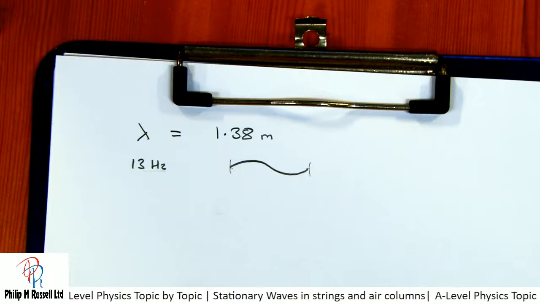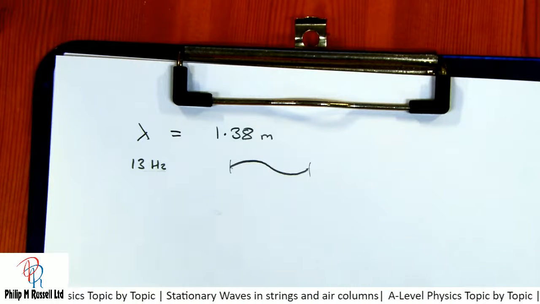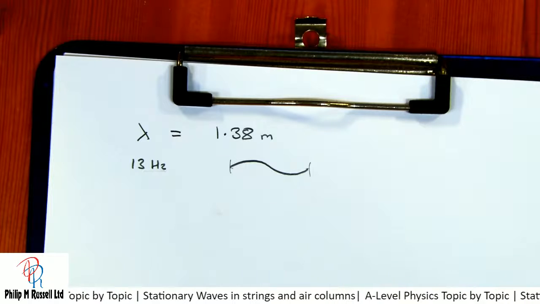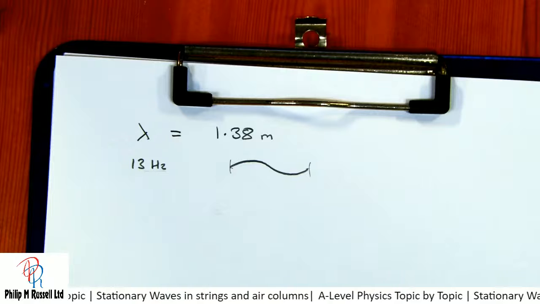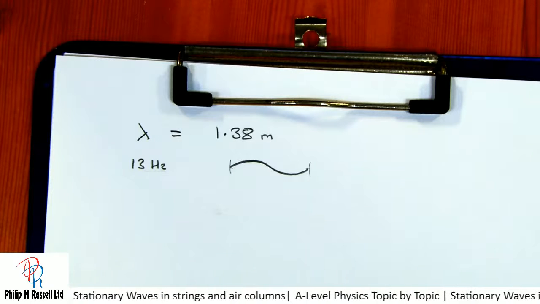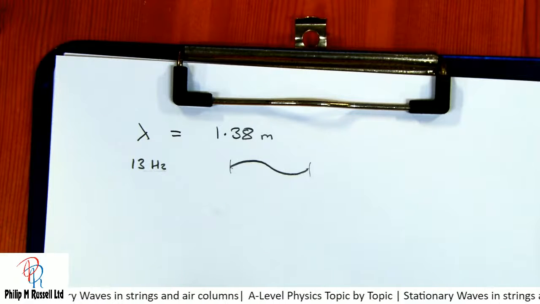Now we can work out various things with this, and we've got a few formulas that might be of help to us. Right, now what do we actually know that might help us here?